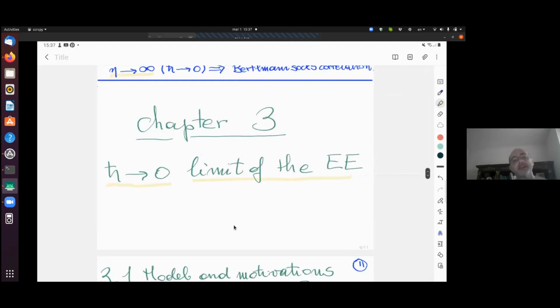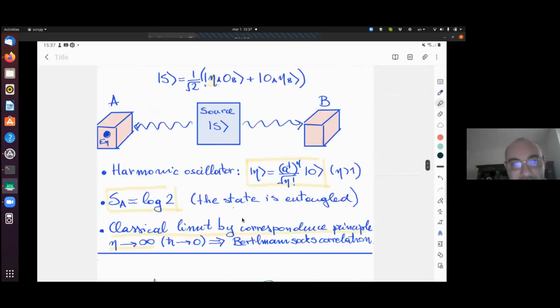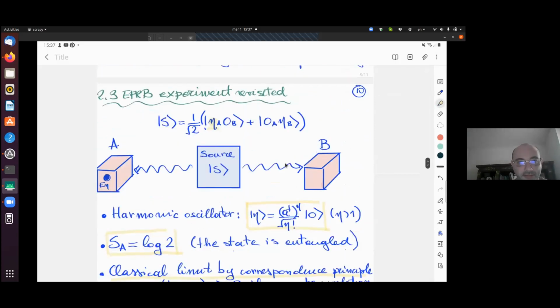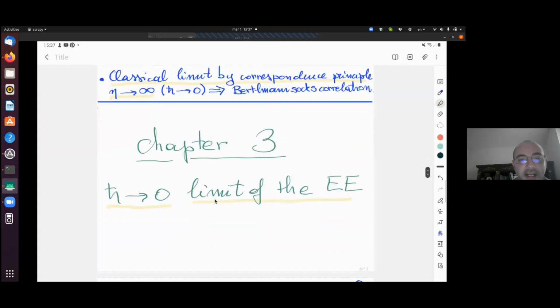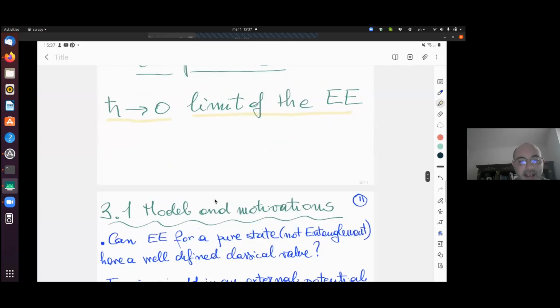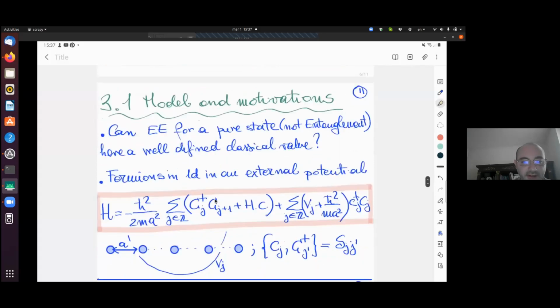But the main point is already stated with the simple example. Okay, so let me define the model.